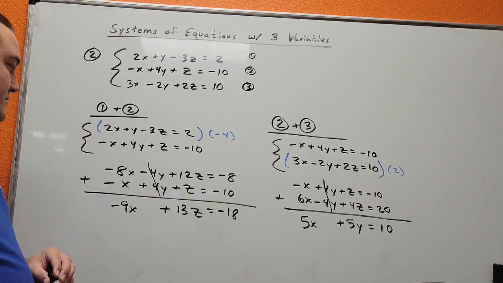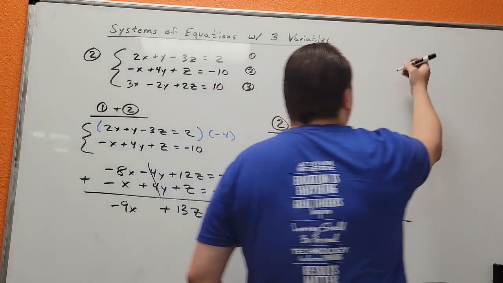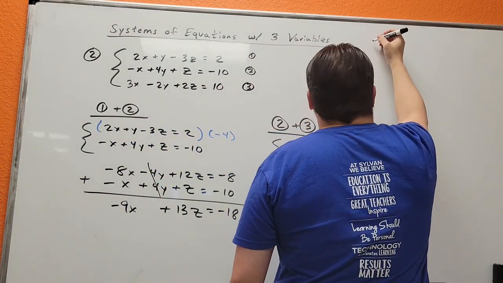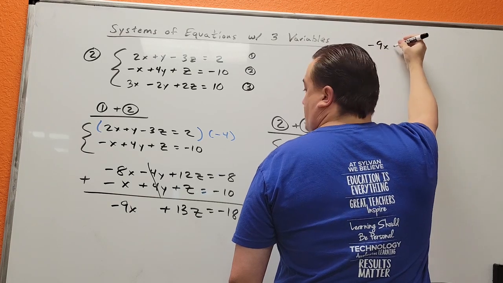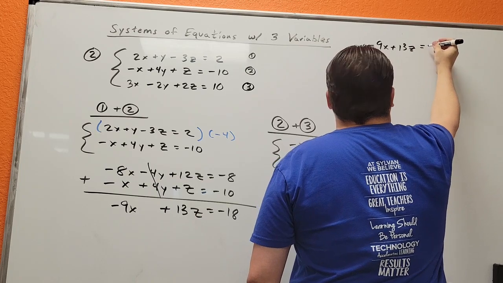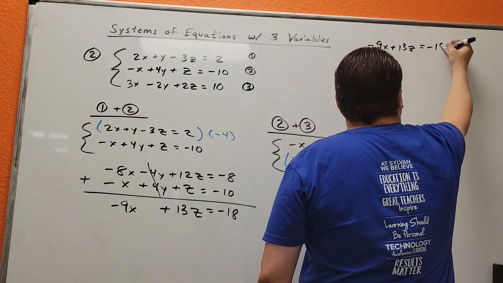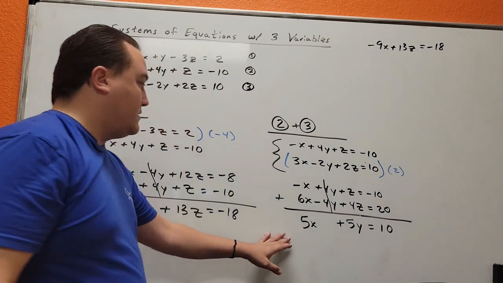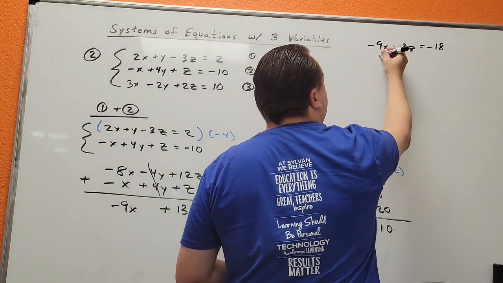So let's go ahead and copy them up here. Five x plus 5y equals 10.